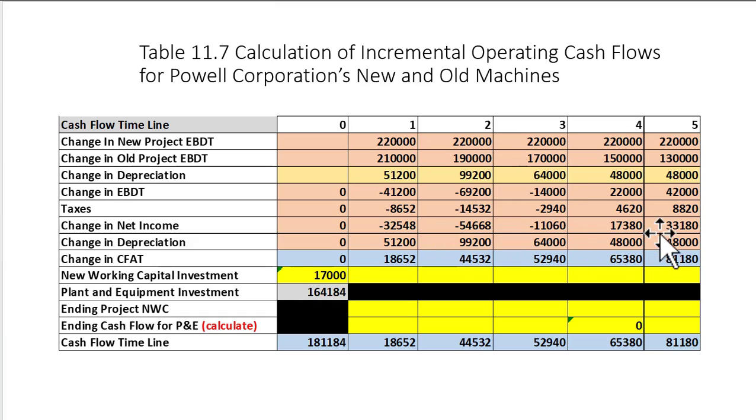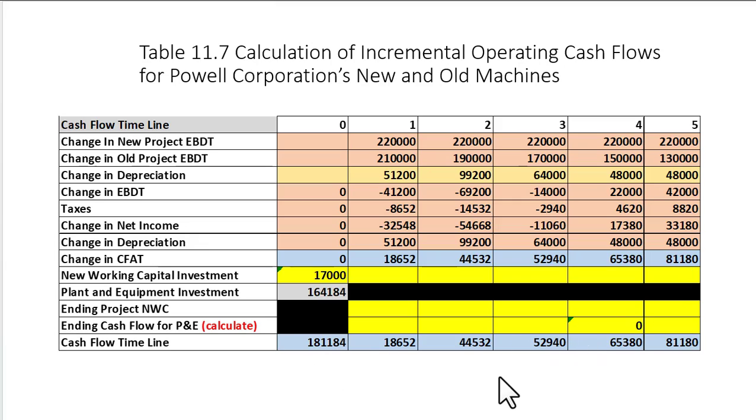This calculates out for you in the spreadsheet. That then gives us what we refer to as the change in cash flow after taxes. So at the end of the first year, we actually have a negative income, but we have positive cash flow because of the depreciation. So here we have the line items for years 1 through 5, which are the changes in cash flows after taxes.